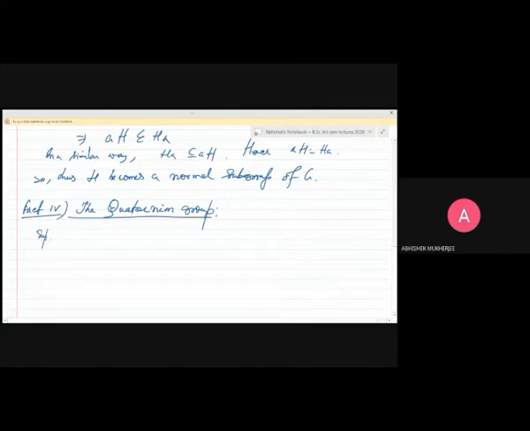Suppose we consider a set G in which we consider symbols, or objects, you can say objects.